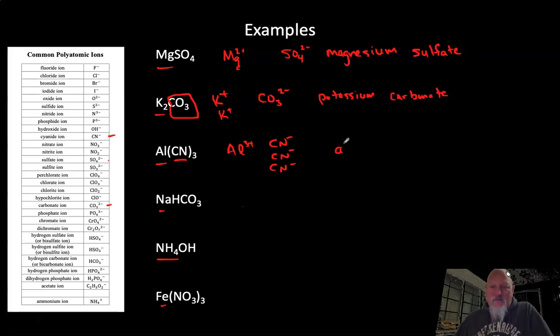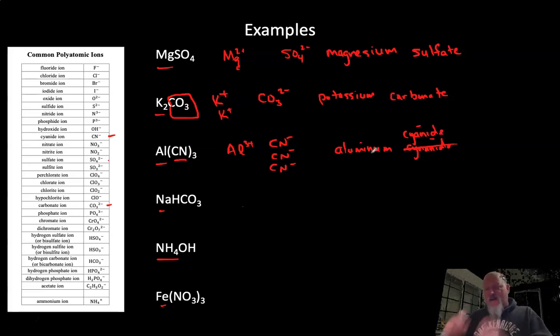So Al is aluminum, which only has one ion, the 3+, and CN is cyanide. Aluminum cyanide. Notice, it's just the name of the cation and the name of the anion. It doesn't tell us how many there are. It's not aluminum tricyanide or anything like that. It's aluminum cyanide.